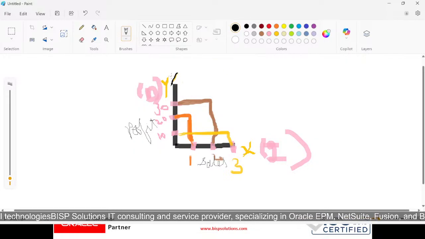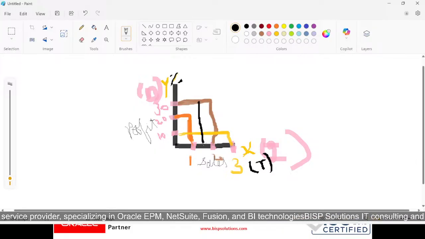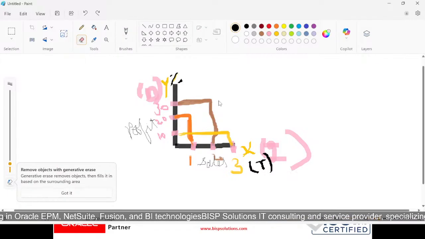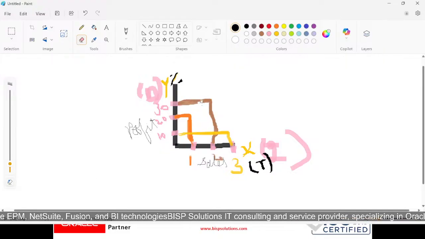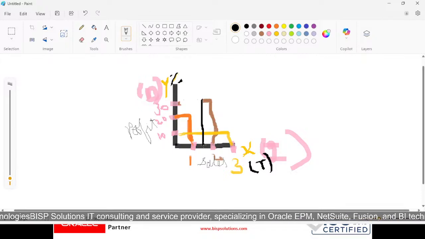These are in percentage and this is our time, right? So what it will be showing us, let's suppose, make it as a graph.